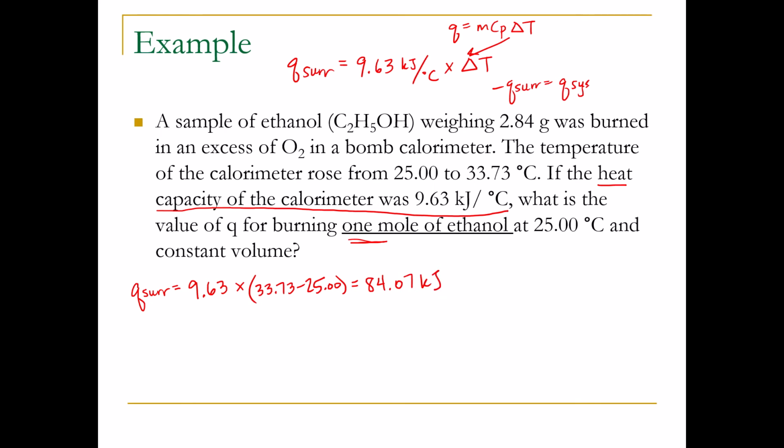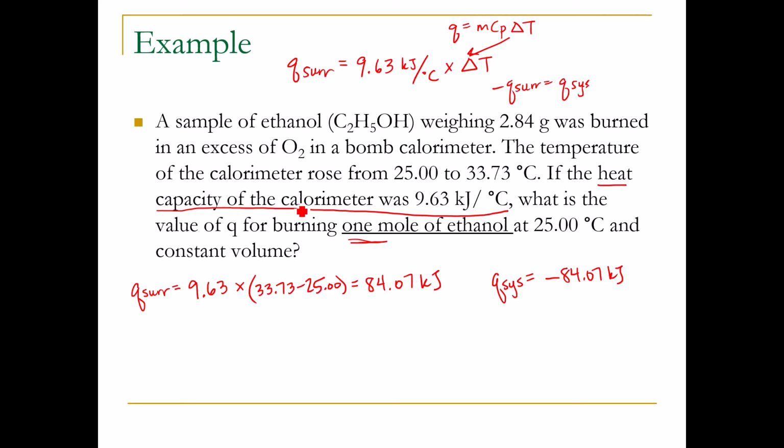Now that means that Q of my system is going to be negative 84.07 kilojoules, because we have the negative value up here in front of our surroundings to give us system. If heat is lost by the system, we have a negative Q, gained by the surroundings, positive Q.